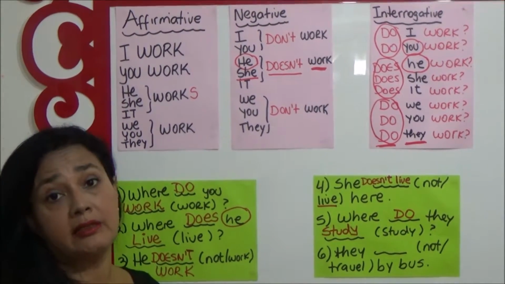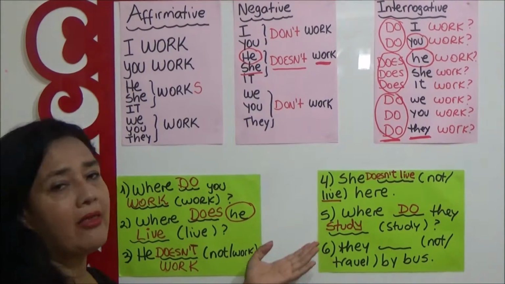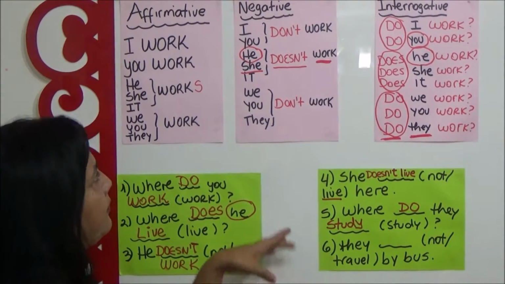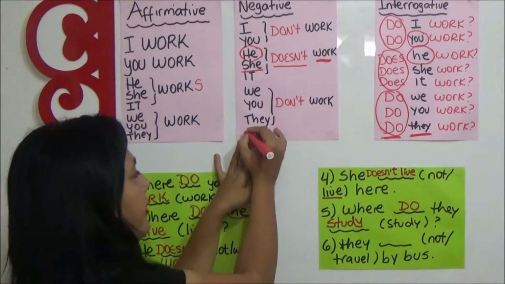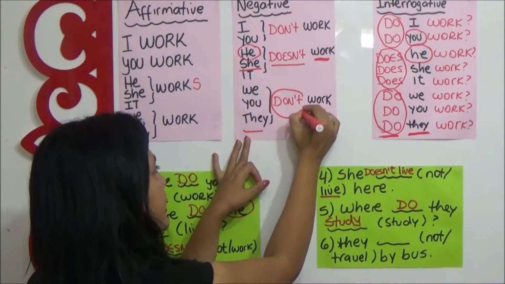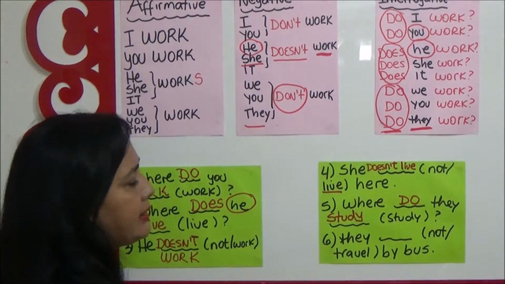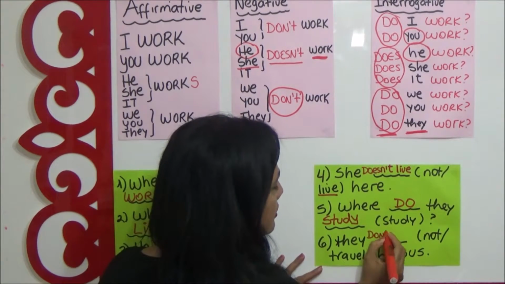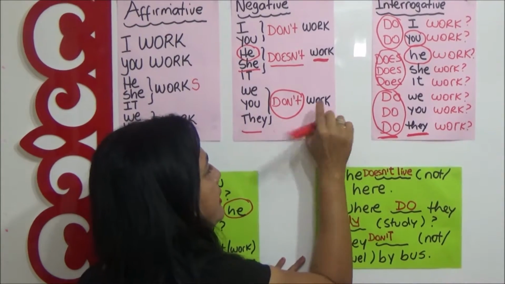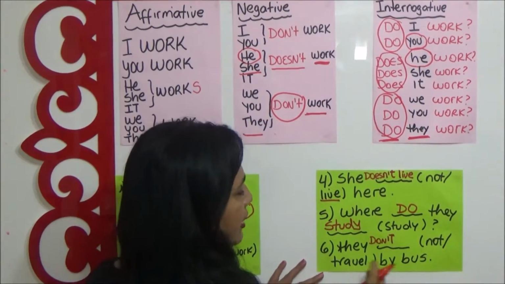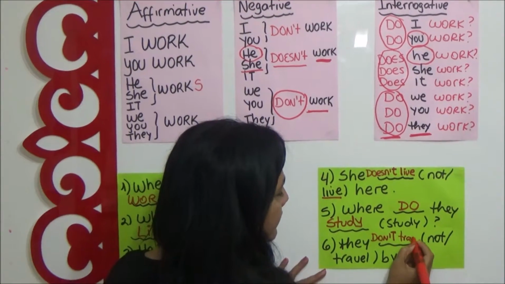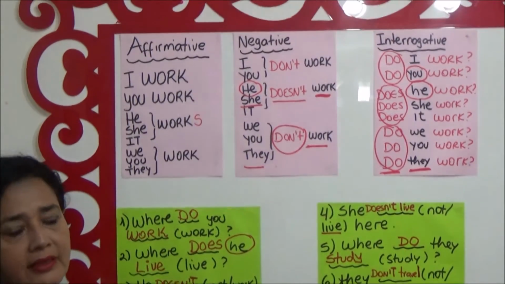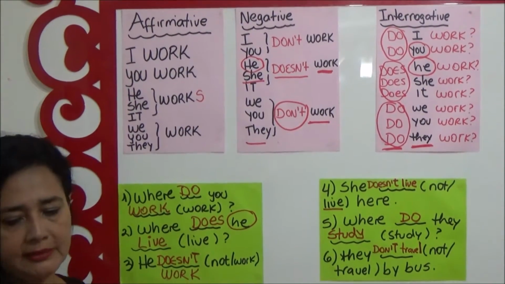Finally, we have a negative sentence with the subject they, and the verb is travel by bus. We have an auxiliary here, so the sentence is they don't, with the verb in the infinitive: they don't travel by bus.